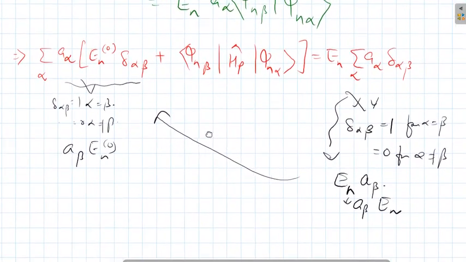So if I use these ideas here, this equation can be written as A beta En naught plus summation, sorry, I missed the summation here.